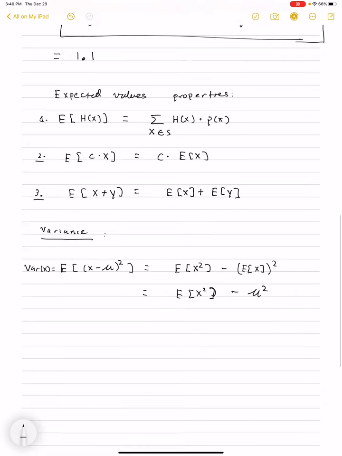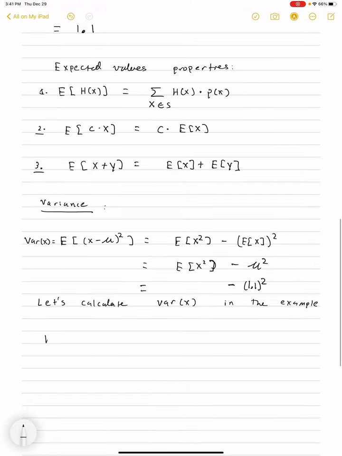Now let's calculate it in the example. We already calculated the mean number of cats was 1.1, squared. So we already calculated that number.